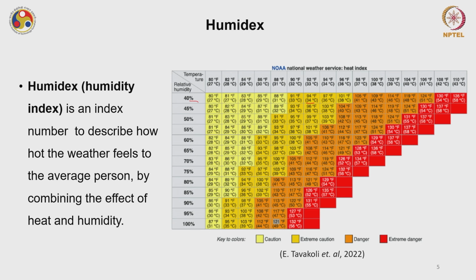Now let us consider a relative humidity of 90% and a temperature of 33 degrees Celsius. At 90% humidity, this will feel like 55 degrees Celsius. So you can understand that the temperature is 32 degrees Celsius, and when humidity was 40%, the actual feel was 34 degrees Celsius.